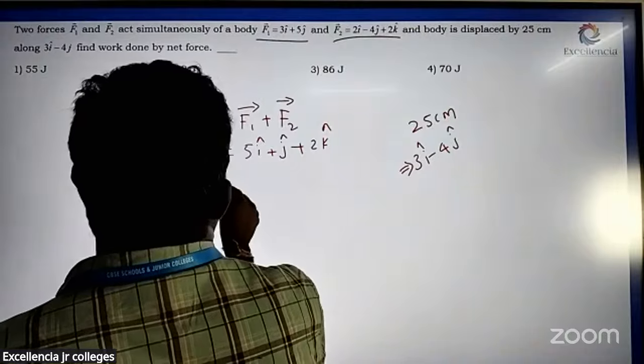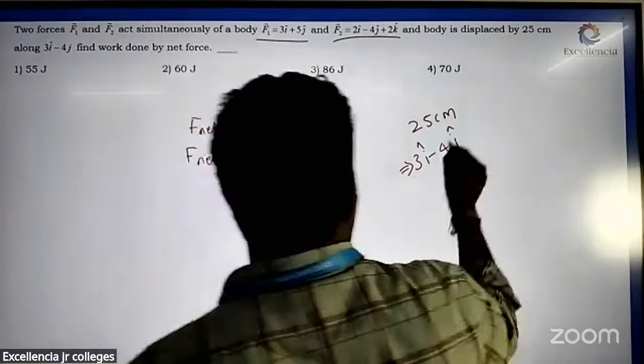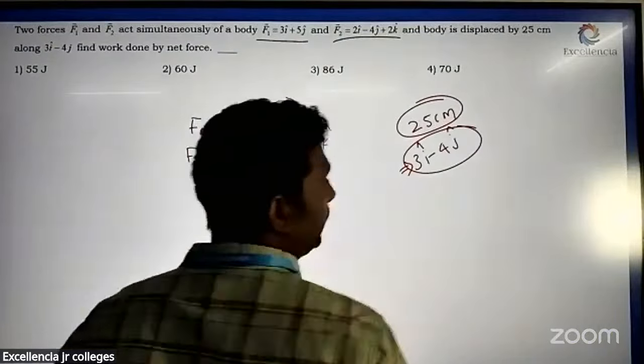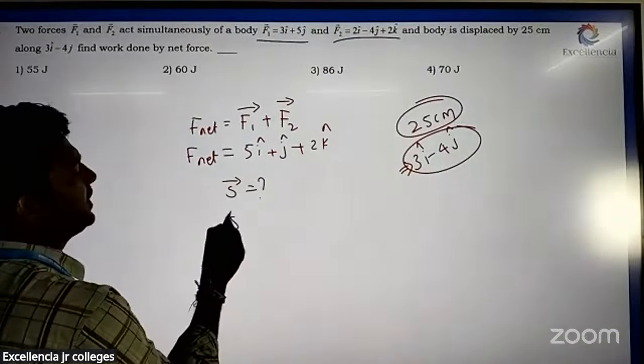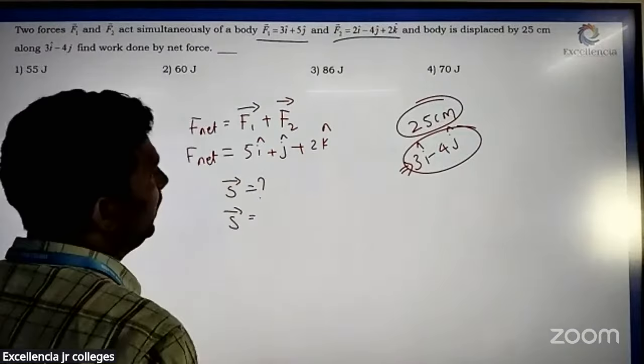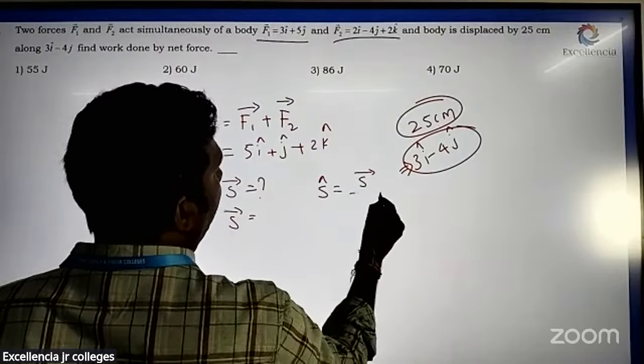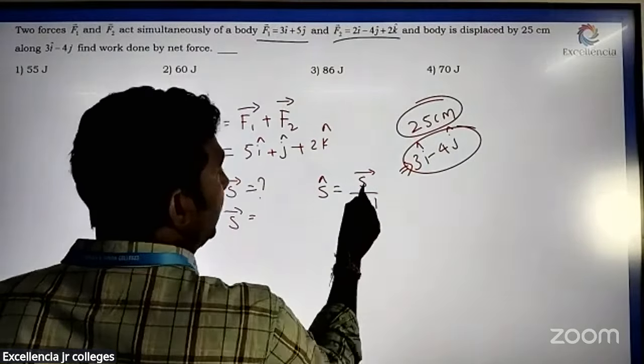But they have not given S bar yet. They have given the magnitude and the direction, the unit direction. So we know that S cap equals S bar by mod S. We need the S bar value.